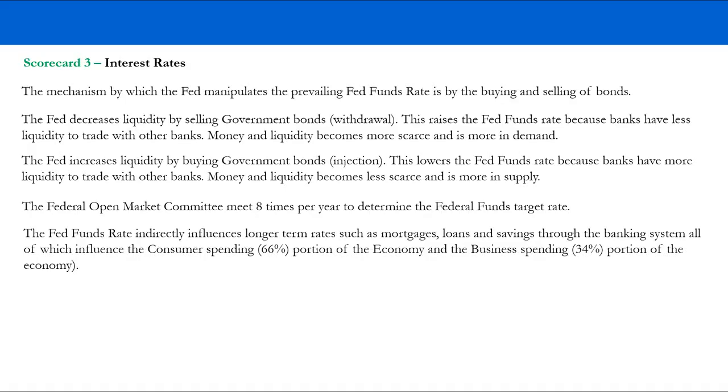So the supply of money through the mechanism of interest rates, through the banking system, and the Fed using interest rates as a tool to do so, overall is a very important driver to our endogenous and overall scorecard analysis when trying to predict, in an endogenous sense, the value of a country's currency.